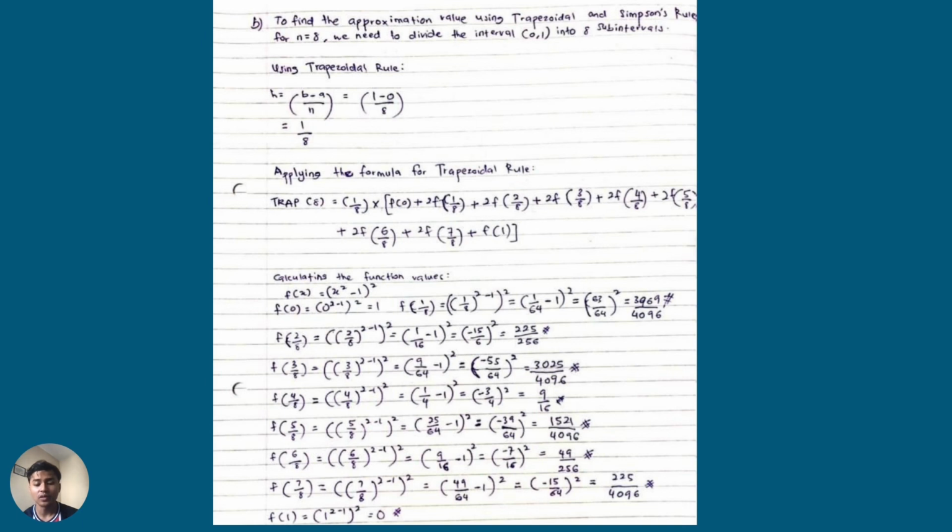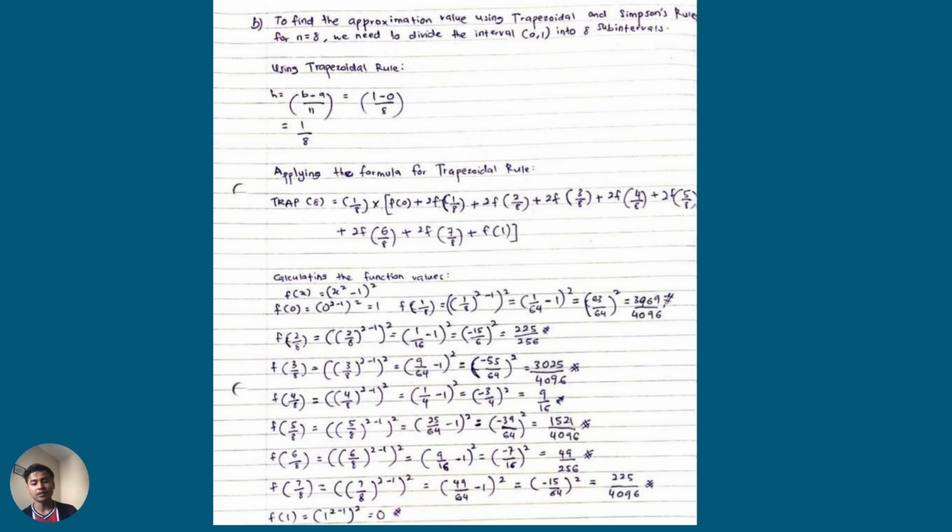And then the next is f(2/8), equal with ((2/8)^2 - 1)^2, equal (1/16 - 1)^2, equal with (-15/16)^2, and lastly the answer is equal 225/256.